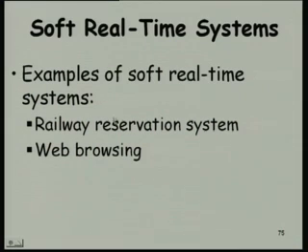Let us look at a railway reservation system. Let us say you are standing at the counter for a railway reservation, and the clerk takes your application for a train journey and keys in the details. If the ticket comes within 20 or 30 seconds, you say that the system is very fast, and you leave very happy.